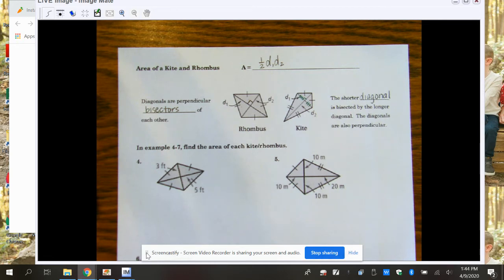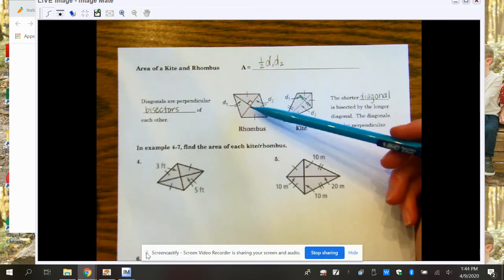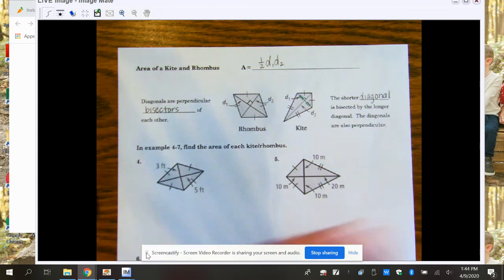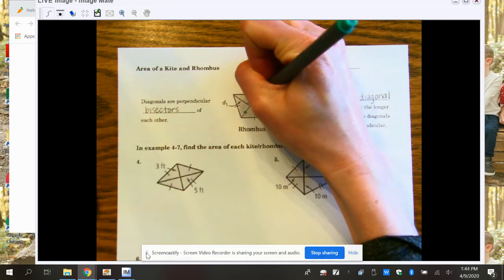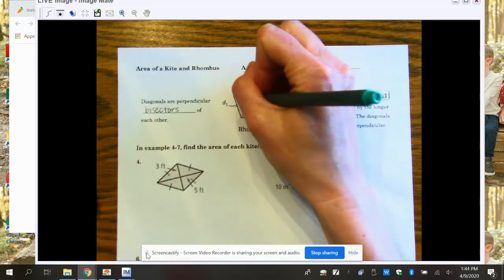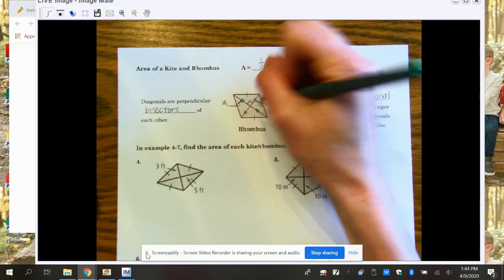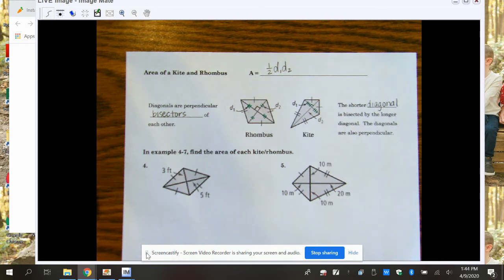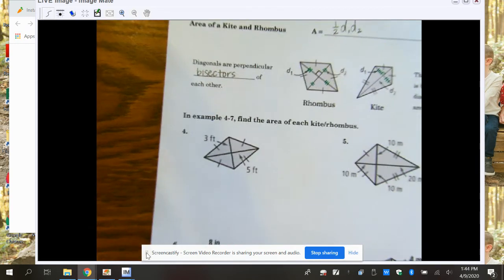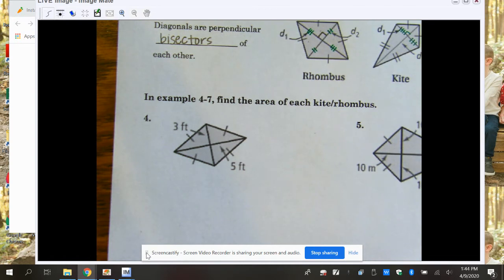Going back here, when it says that they're perpendicular bisectors of each other, that means that this and this are the same, and this are the same, and this are the same. They're not necessarily all congruent, but each little diagonal is cut in half.